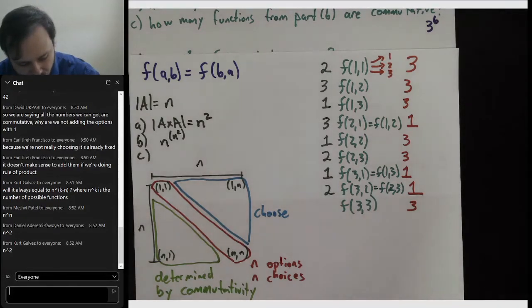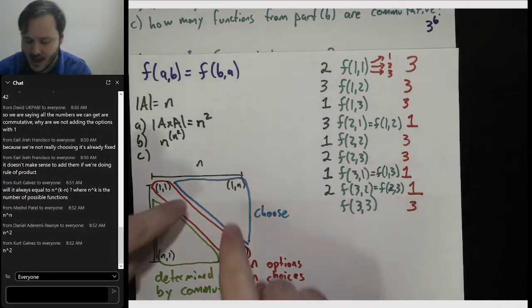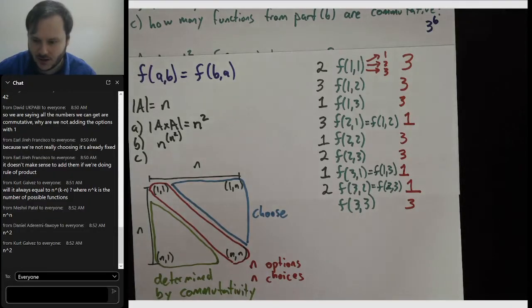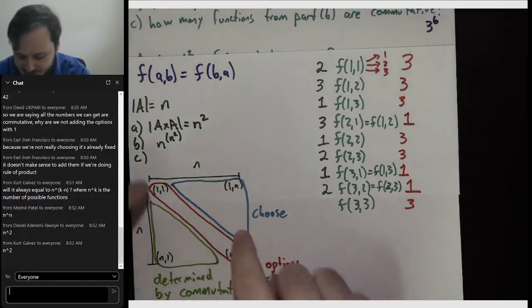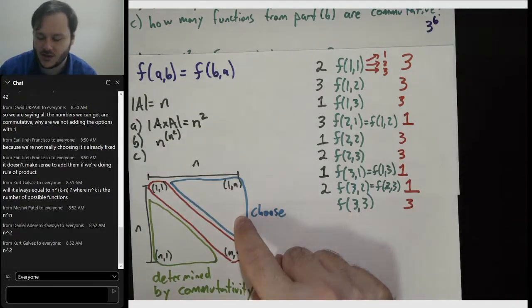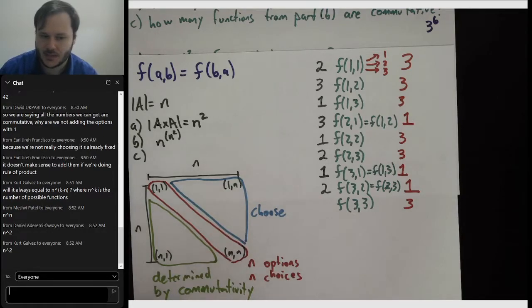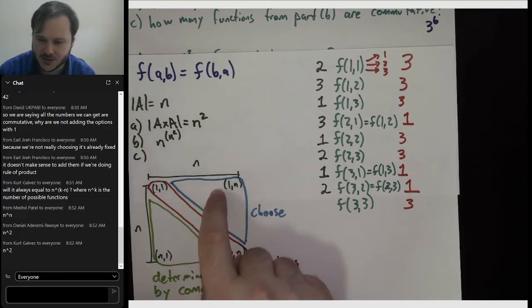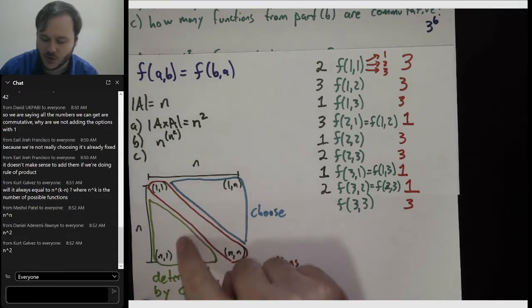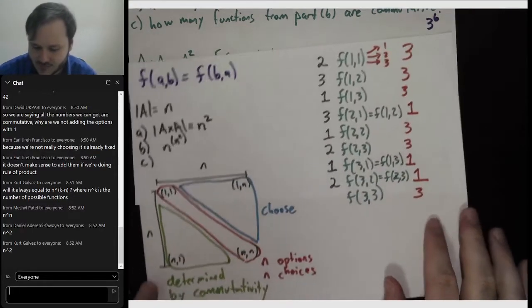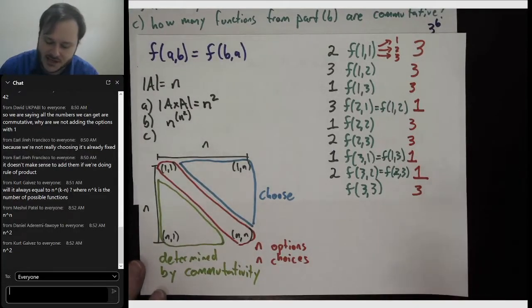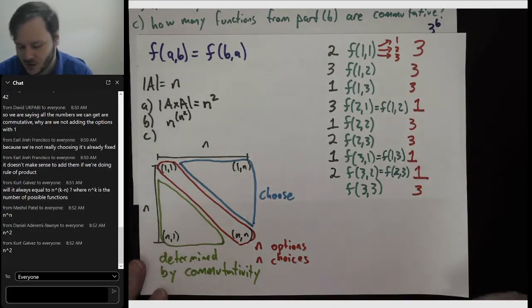It's going to have to match what happens when I swap it. So now, here's the question. How many things are in this triangle? And the easiest way to answer this is that everything in this triangle has two different values. How many ways are there to pick two different values if order doesn't matter? Right, because it doesn't matter if I pick the small one first or the big one first.